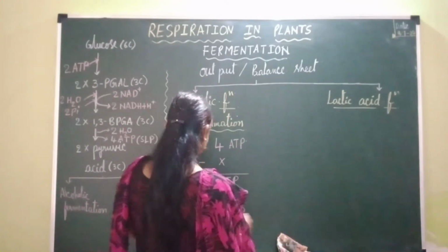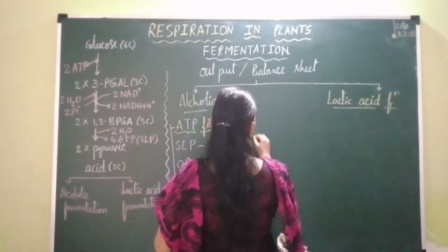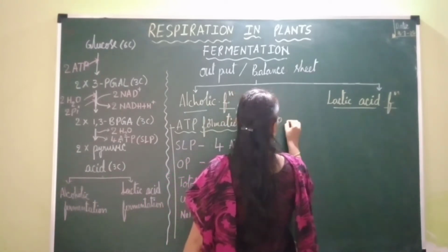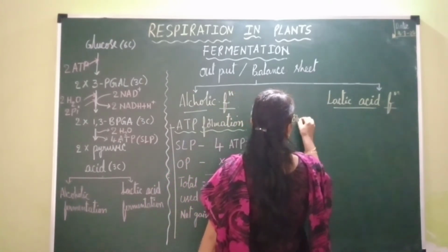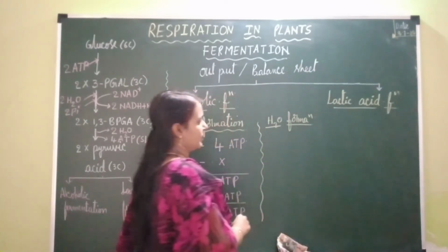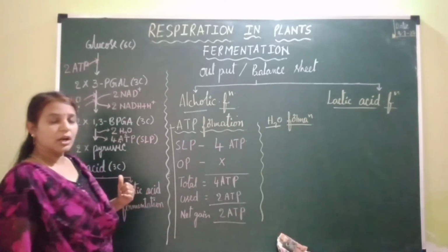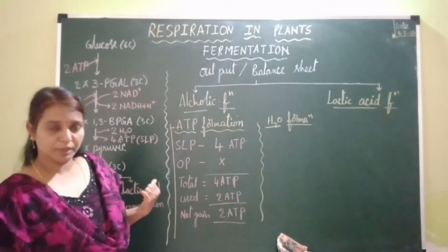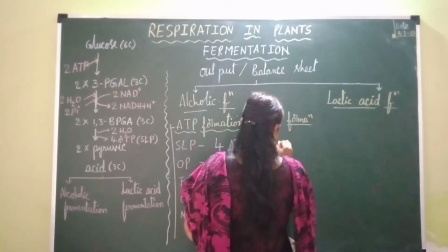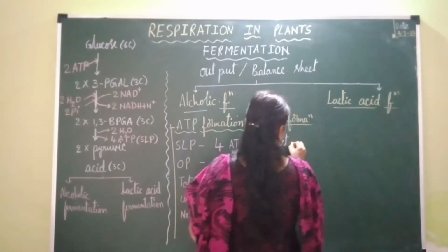Next, let's study water formation in both alcoholic fermentation and lactic acid fermentation. We study water formation with respect to direct formation of water, that is by means of dehydration.